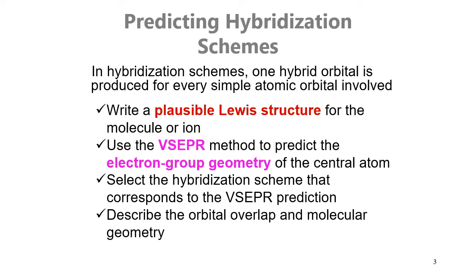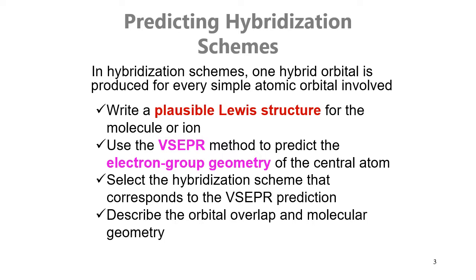In hybridization schemes, one hybrid orbital is produced for every simple atomic orbital involved. The procedure or the steps to make the prediction: first, write a plausible Lewis structure for the molecule or ion. Second, we can use the VSEPR theory method to predict the electron group or electron domain geometry of the central atom, for example tetrahedral or octahedral.